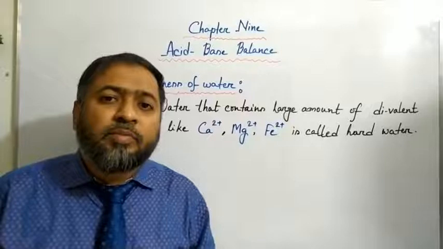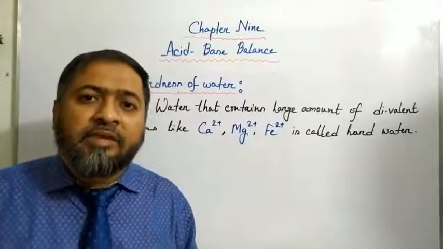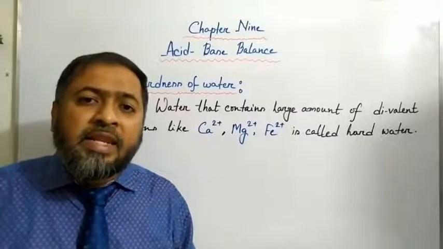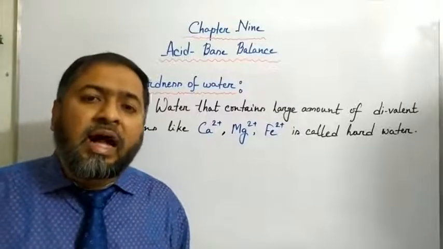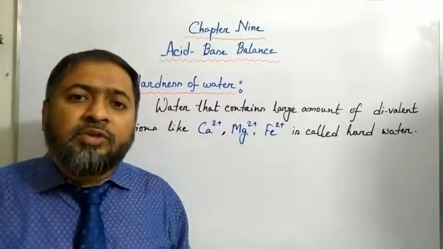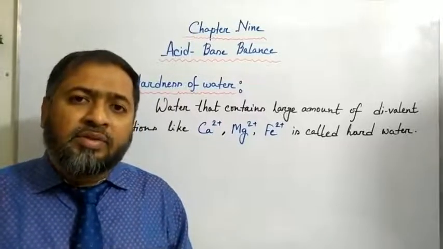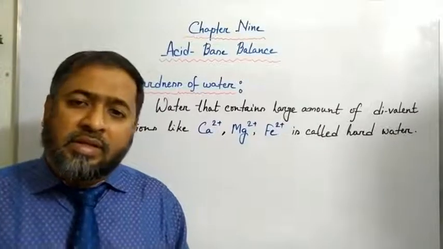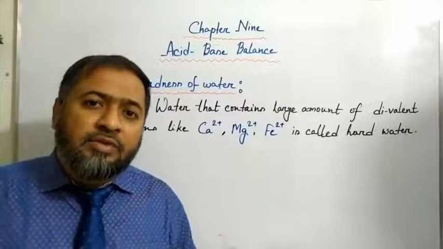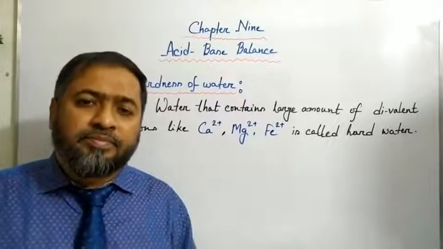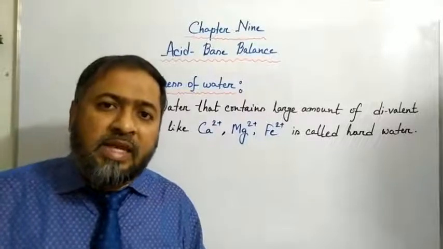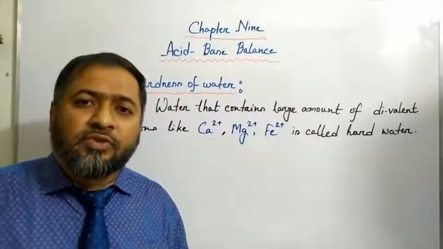So what types of problems can hard water create? These ions create many problems while using hard water, especially when we try to clean the dirt from clothes using hard water. Hard water hinders the soap from forming foam. We all know sodium and potassium stearate is known as soap.